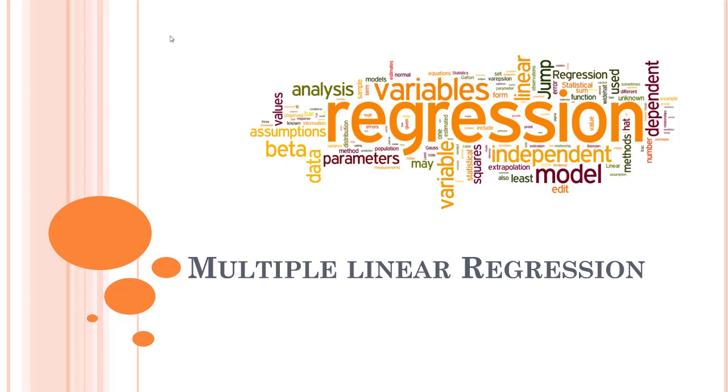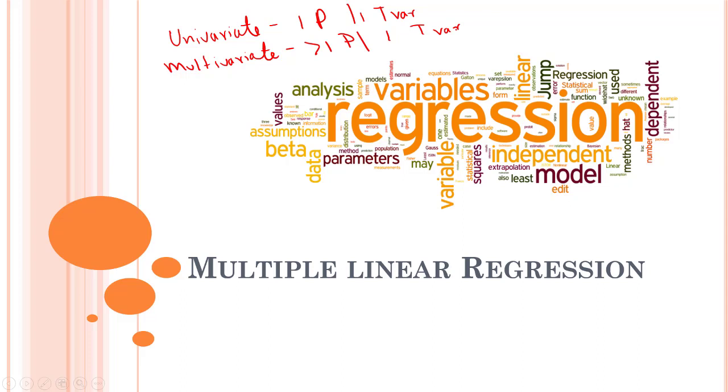So in univariate, we only have one predictor and one target variable. In multivariate, we have more than one predictor and one target variable.